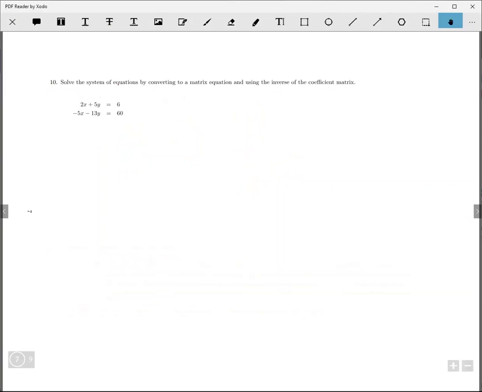Okay, number 10. Finally, we pull it back around to the original one. We're supposed to solve the system of equations by converting to a matrix equation using the inverse of the coefficient matrix.